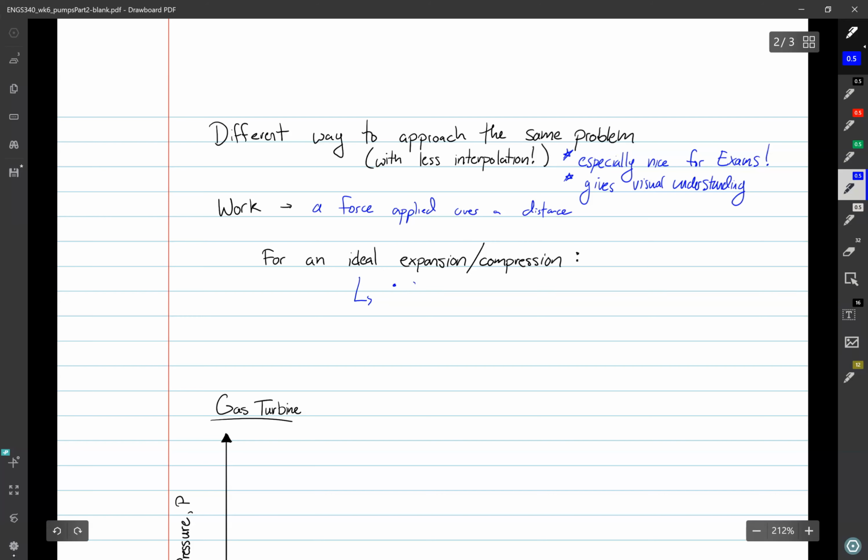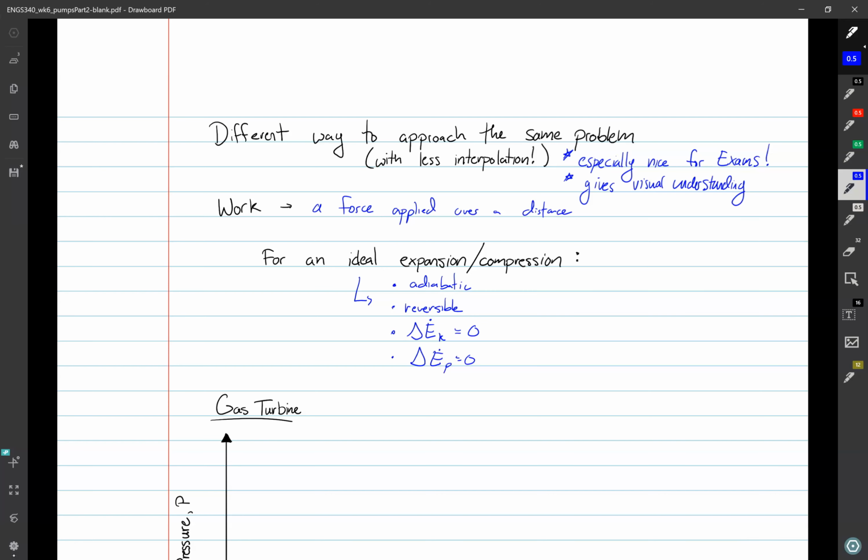So this is adiabatic, reversible, change in kinetic energy is equal to 0, and the change in potential energy is equal to 0.